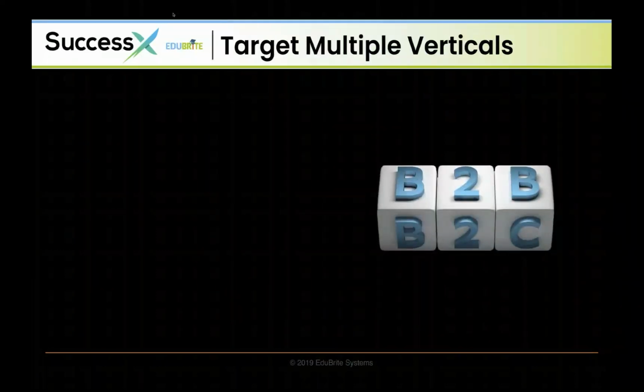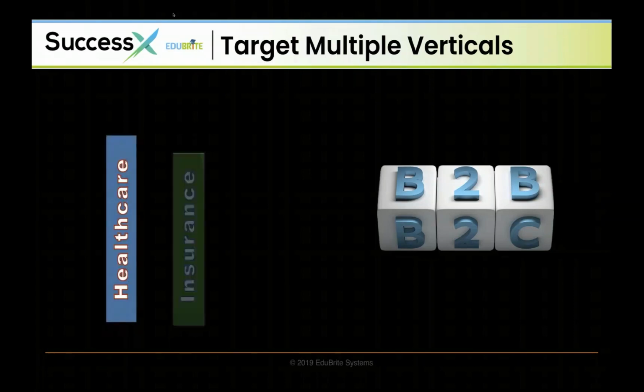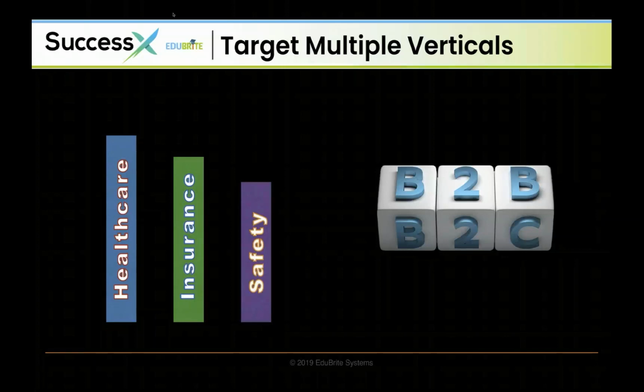You want to be able to target both B2C, business to consumer, and business to business e-commerce revenue. So that allows you to serve multiple audiences independently. So having different verticals like healthcare, insurance, safety, construction, all those different audiences, you don't necessarily want them to have to sift through your catalog.